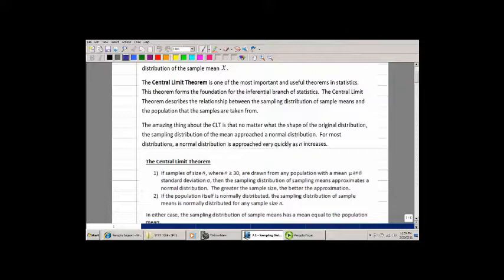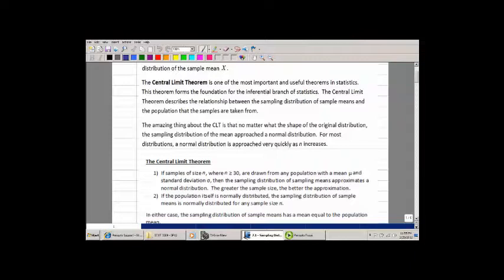So what this essentially says is that let's suppose you had some distribution that was non-normal for random variable x, and then we took sample sizes of 30 or more and created a new random variable x bar, which would be the average of all the values.